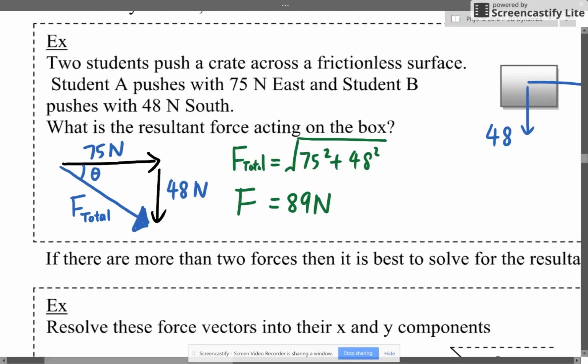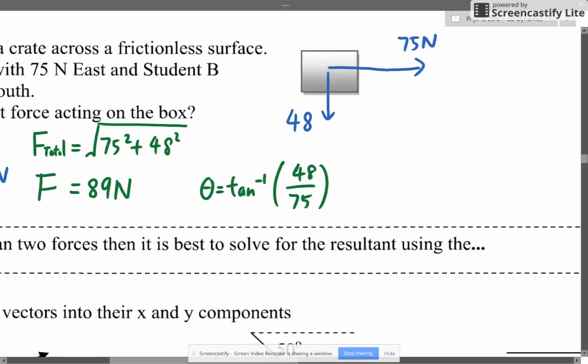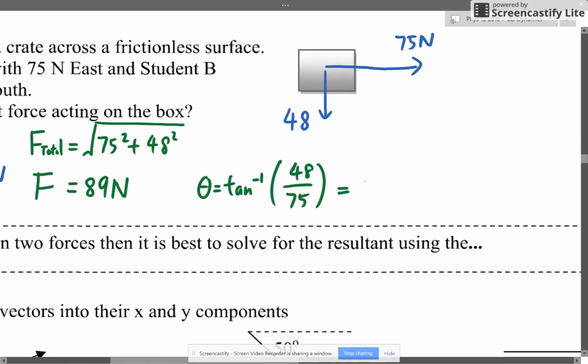But then you also need a direction, so you get it from using tangent. So tangent theta, opposite is 48 over hypotenuse is 75. All right, so I move over there, and you get an angle that is approximately 33 degrees.